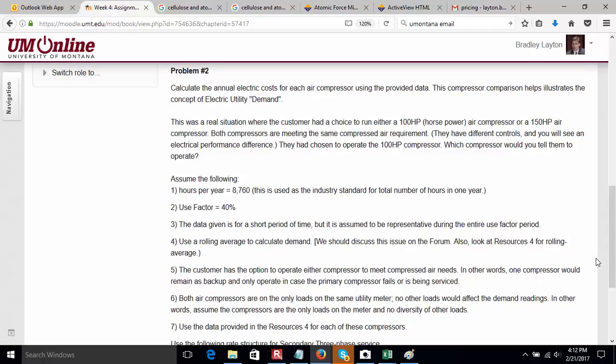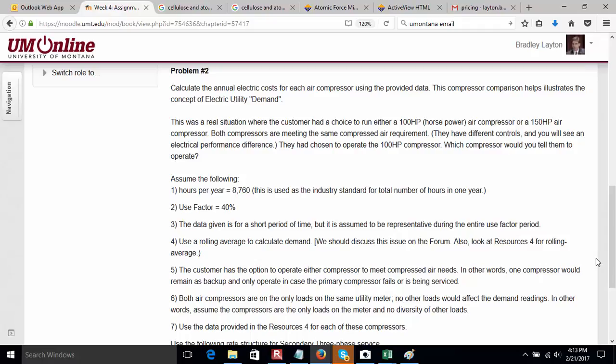Okay, so they're both going to run at, well, we're assuming 8760 hours in a year. We're looking at a use factor of 40%. We've got a little bit of data, but we're going to assume this is kind of what happens on a daily basis. We're going to use rolling average to calculate demand, and we'll also see rolling average in resources 4.